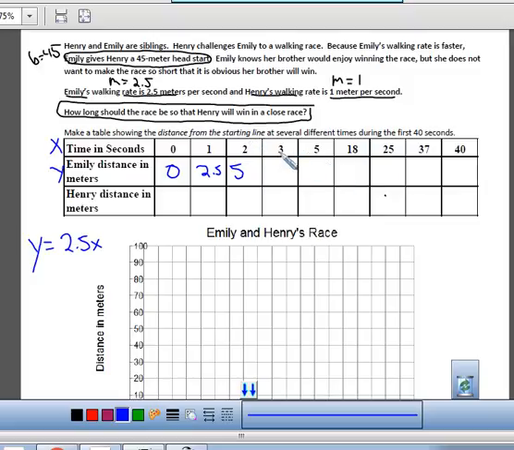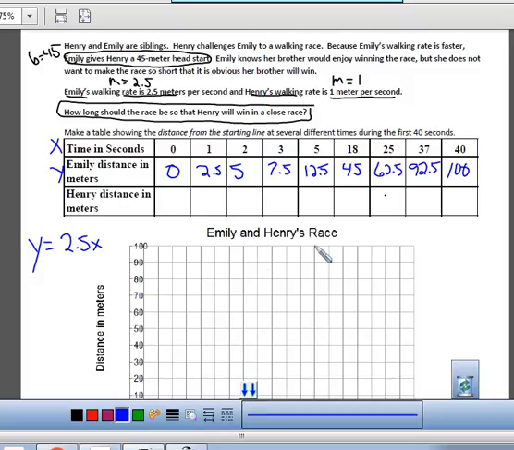So you've got to multiply the number by 2.5 to find out what to put in there. So this one is 7.5. But then we have 5, and 5 times 2.5 is 12.5. 18 times 2.5 is 45. 25 times 2.5 is 62.5. And 37 times 2.5 is 92.5. And then 40 times 2.5 is 100.